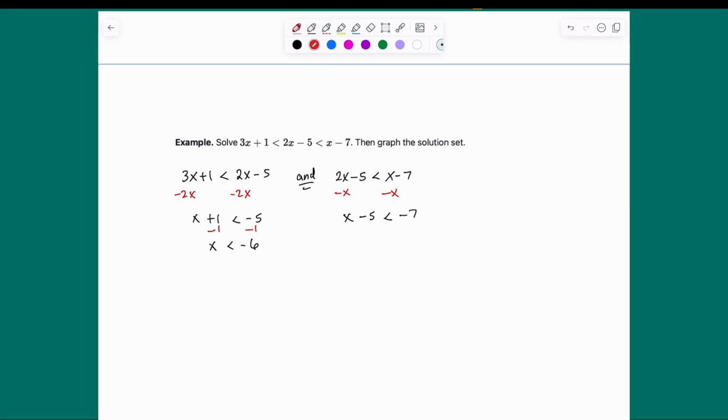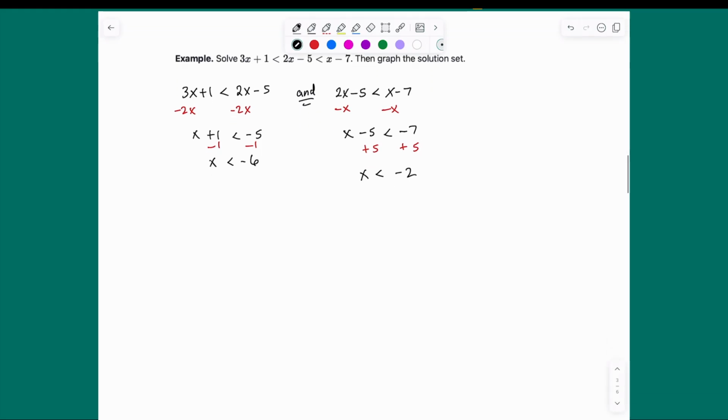All right, so then I would add 5 on both sides to get x is less than, I had to add, so I've got negative 2. All right, so let's just double check our work here. Okay, seems correct.